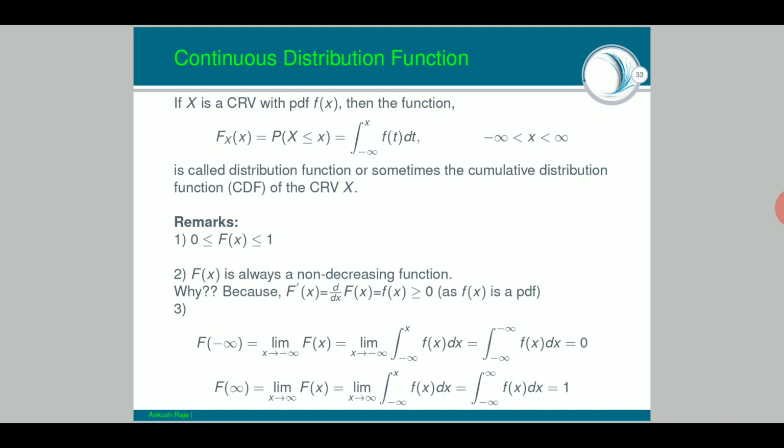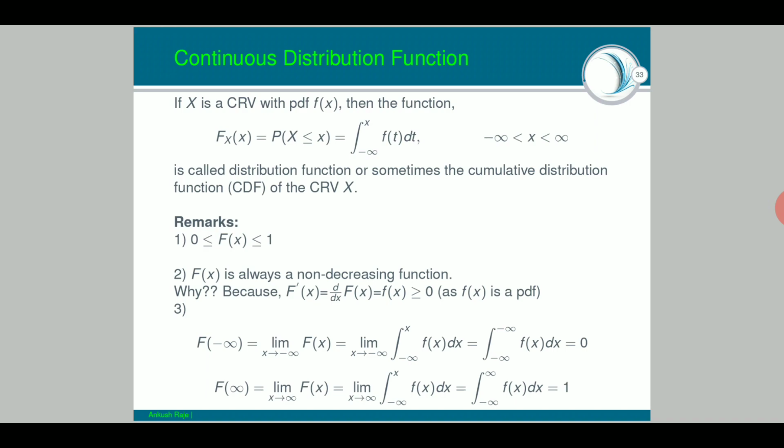The probability density function is always greater than or equal to 0; the first and foremost property of a PDF is that it should be greater than or equal to 0. Because the first derivative is always greater than or equal to 0, F is always a non-decreasing, ever increasing function.